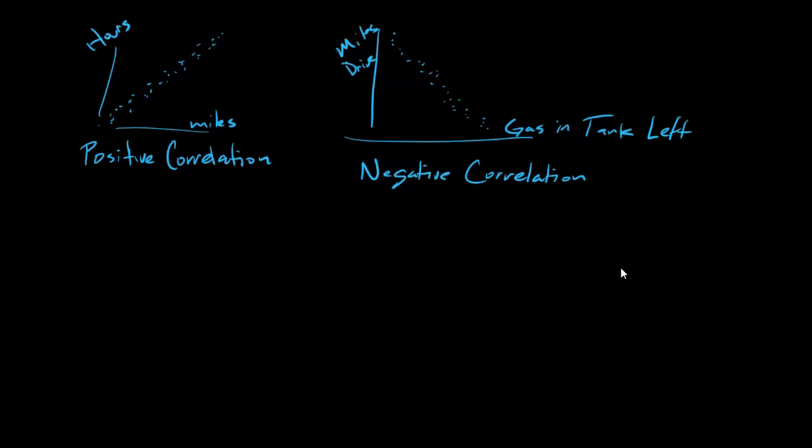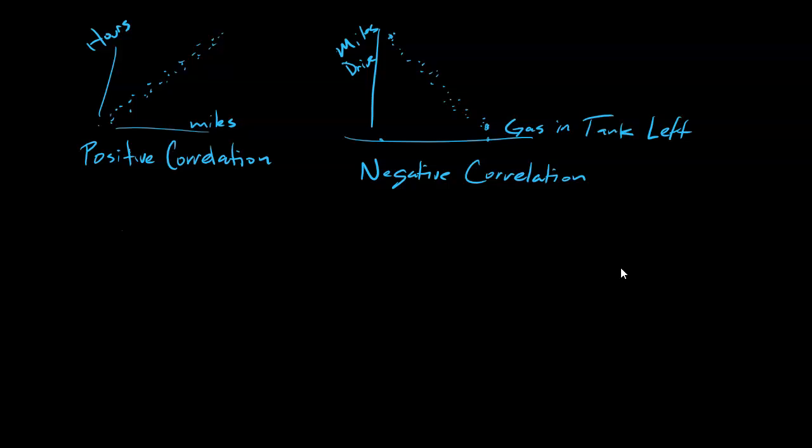If you have a lot of gas left in your tank, then that probably means you haven't driven very far. If you have almost no gas left in your gas tank, then that probably would mean that you drove a lot of miles. So those would be a negative correlation. The two things that you are discussing are opposite of each other.